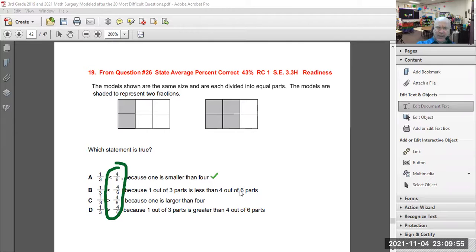I see less than on B, but I see greater than on C and D. So in the process of elimination, you would decide, I think I need to delete those 2 because they've already used the wrong symbol. So we know that it's going to be 1/3.